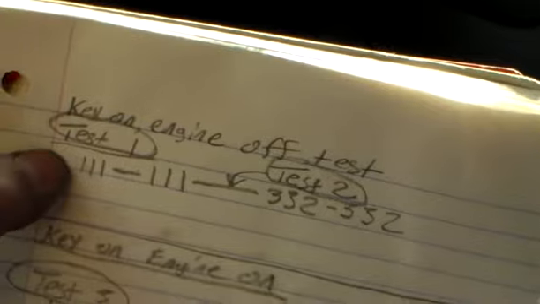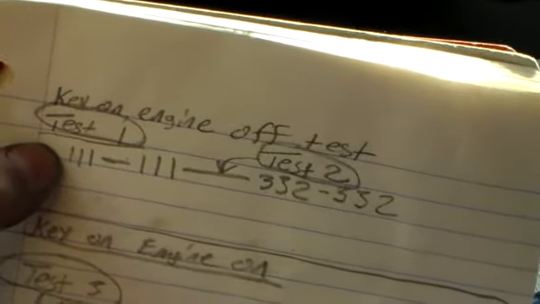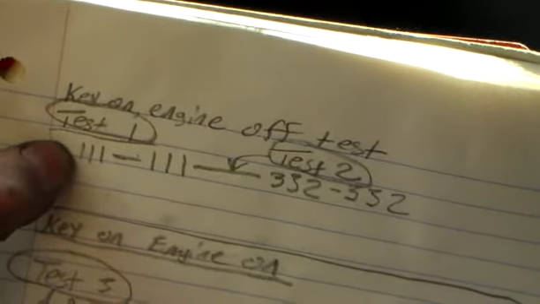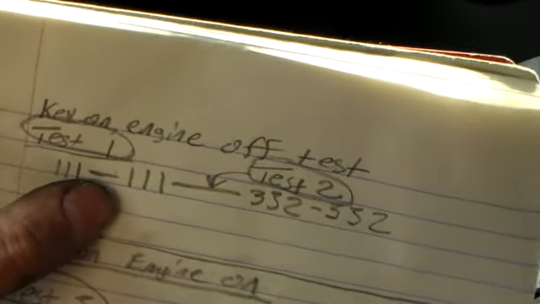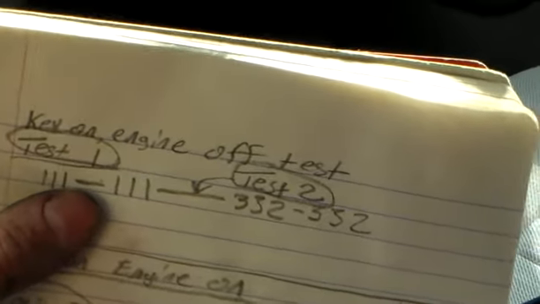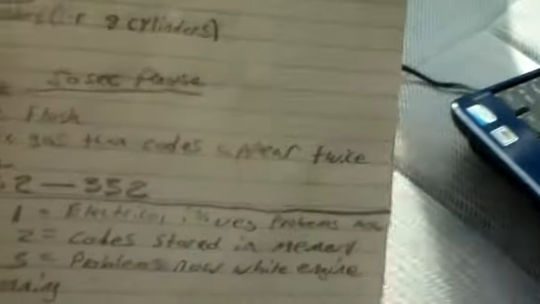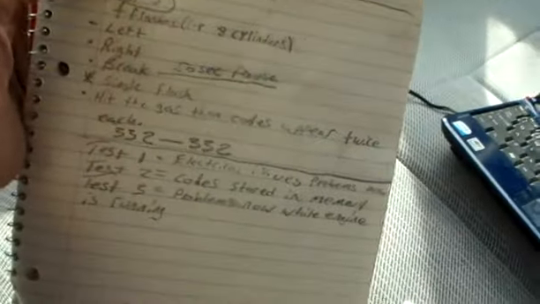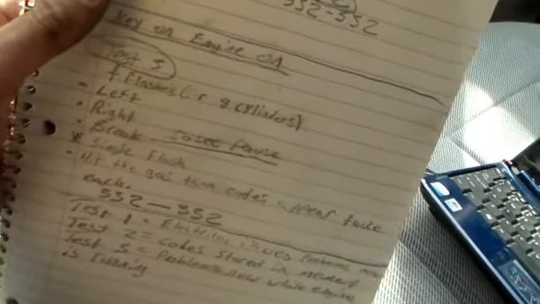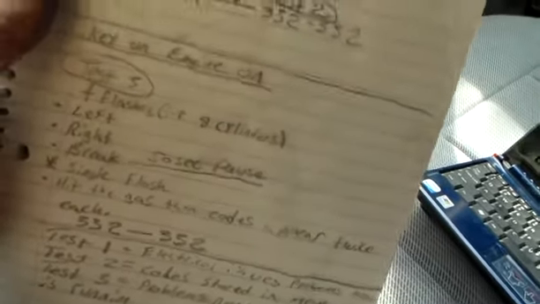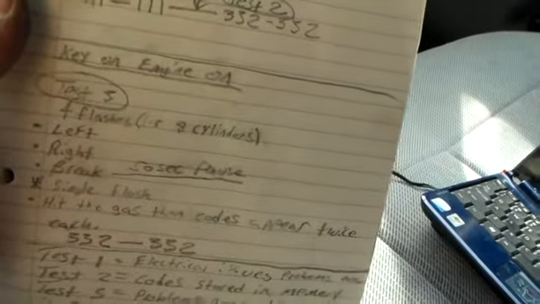You turn it on, and in my case, it'll flash 1, 1, 1, and then there'll be a space. 1, 1, 1. These are problems that the vehicle has sensed while the engine isn't running.